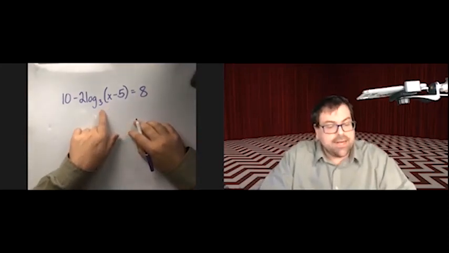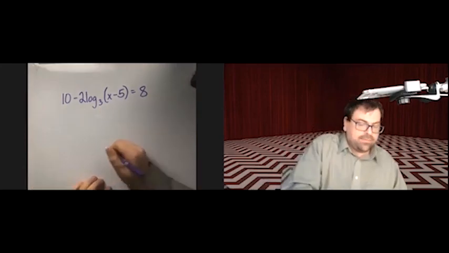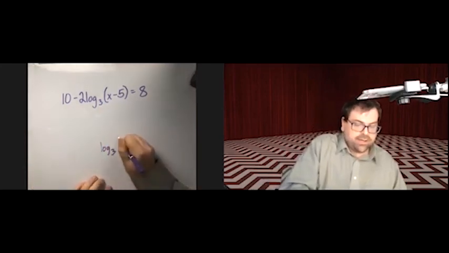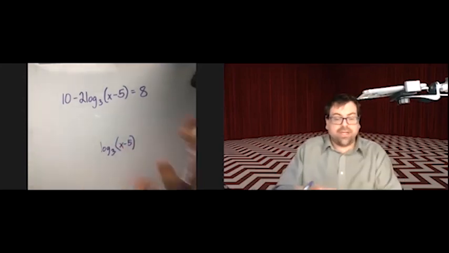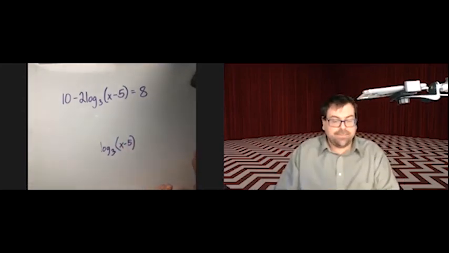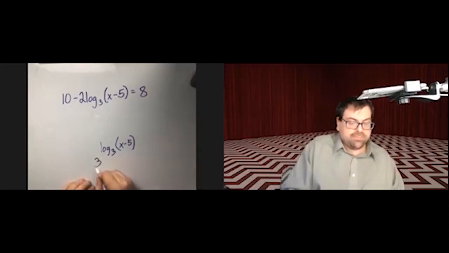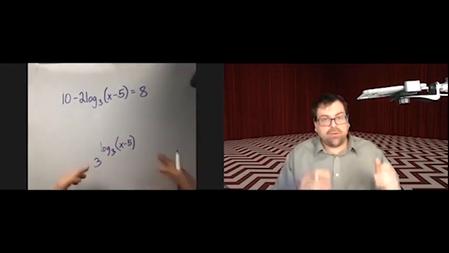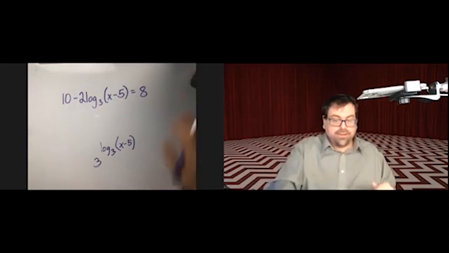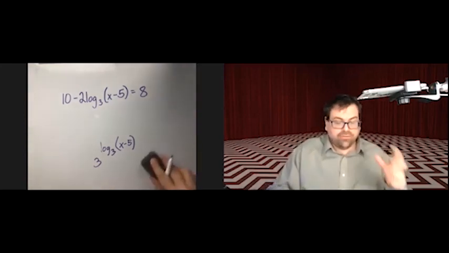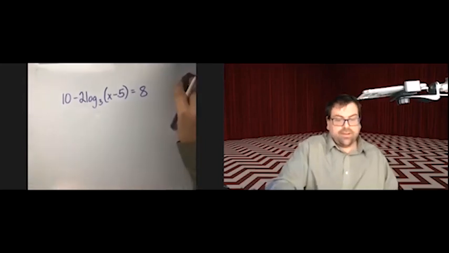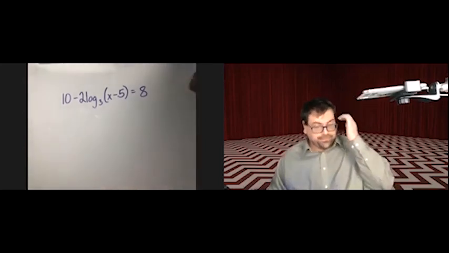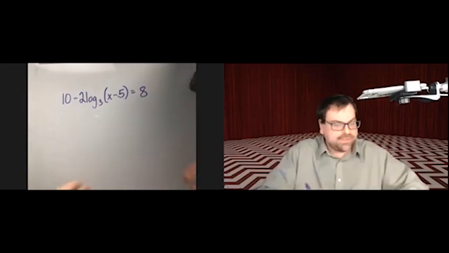And since it's inside a base 3 logarithm, we want to end up getting log base 3 of x minus 5 by itself with everything else on the other side. And then we're going to raise both sides as powers of 3. That'll get rid of the log. That'll free up our x. You'll see, I promise.